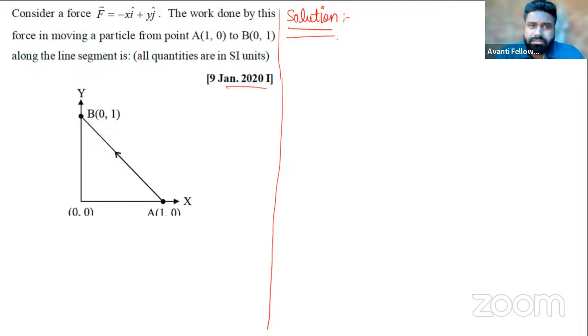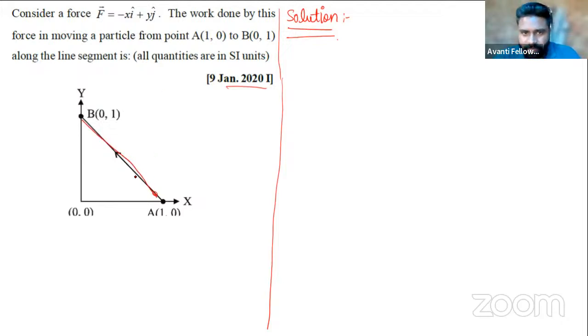Now in this question, consider a force vector F equals minus x i cap plus y j cap. The work done by this force in moving a particle from point A (1, 0) to B (0, 1) along the line segment. All the quantities are in SI units. So we have to find the work done by this force moving a particle along this line.